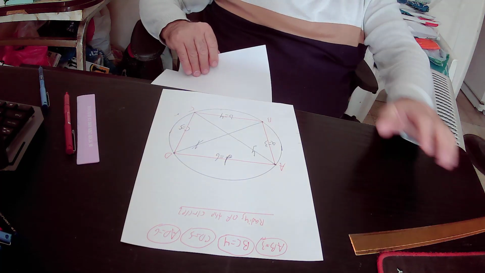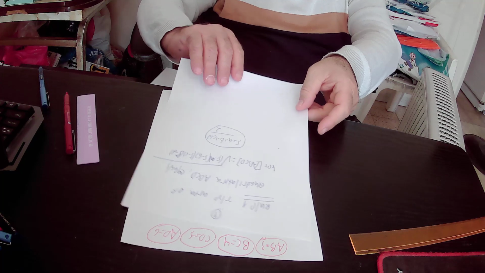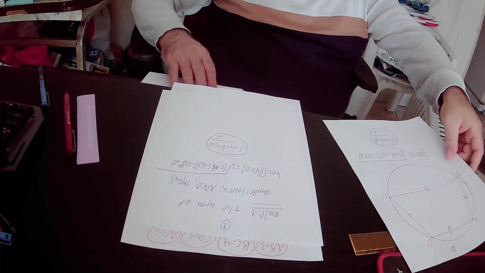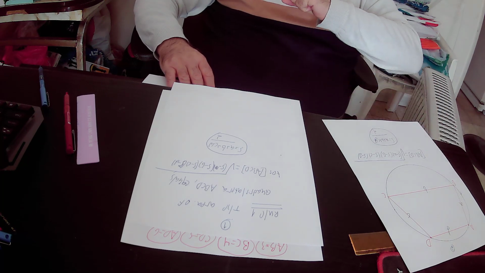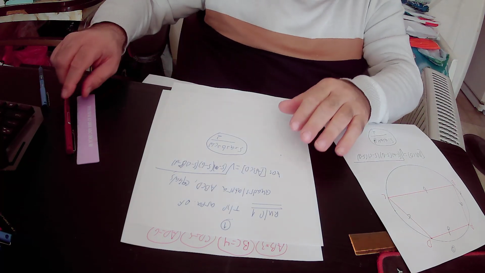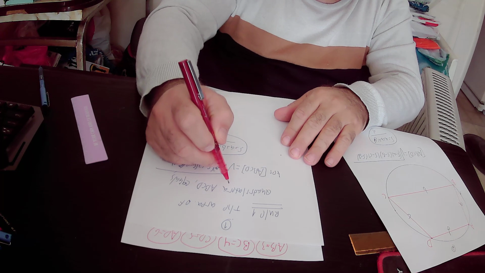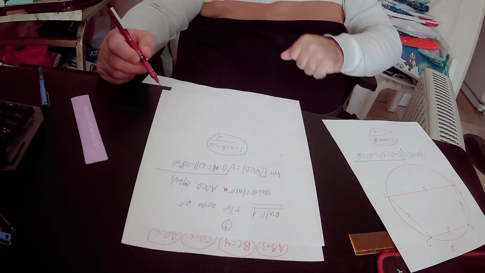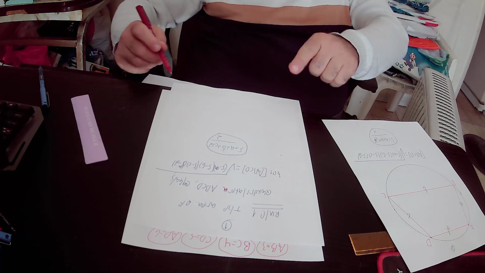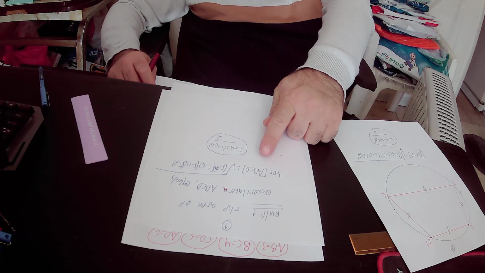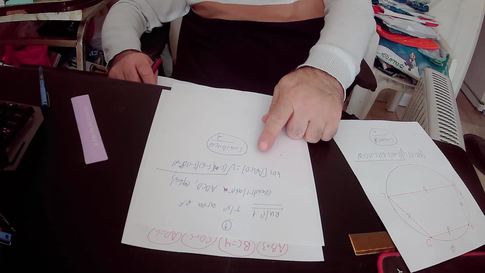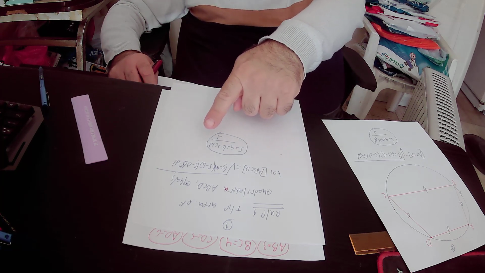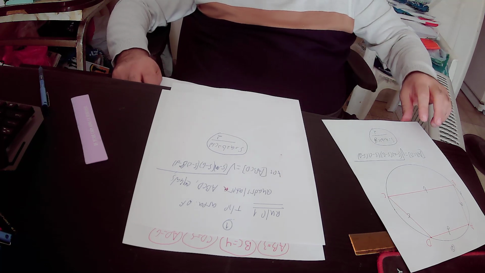Rule number 1 states that the area of quadrilateral ABCD equals the root of (s minus a) times (s minus b) times (s minus c) times (s minus d).